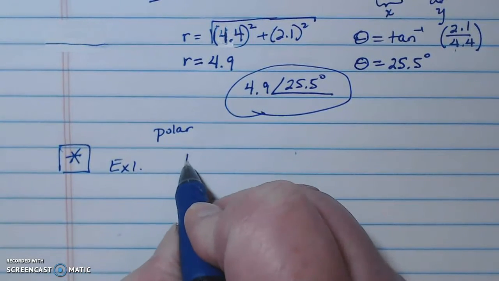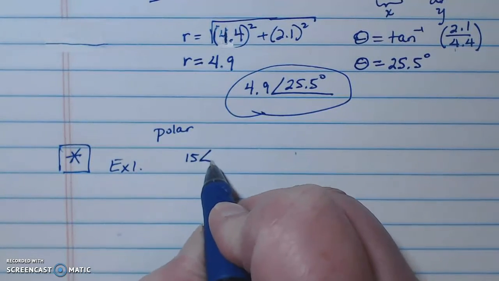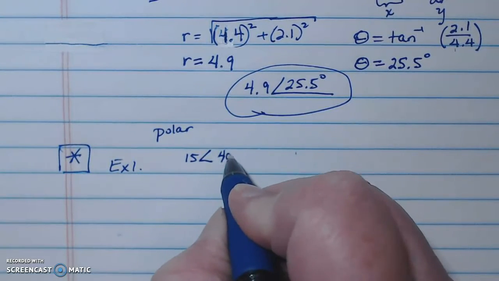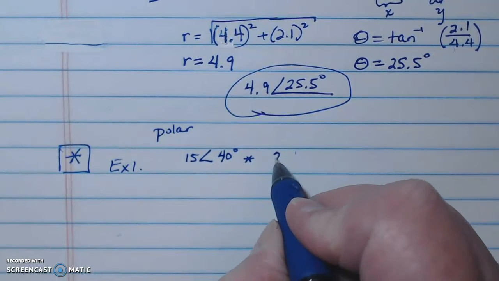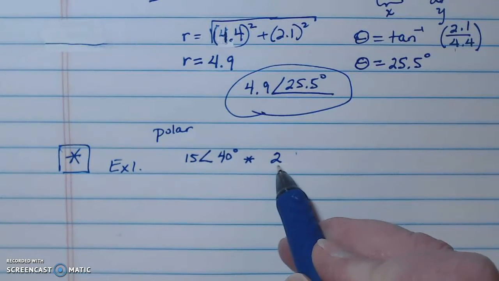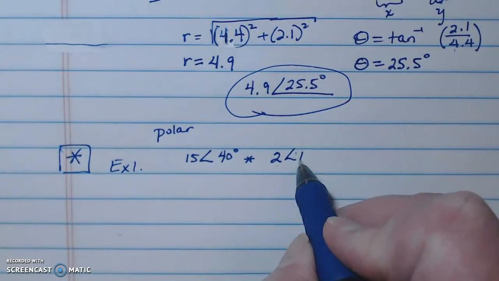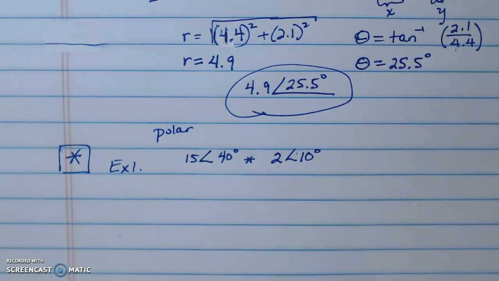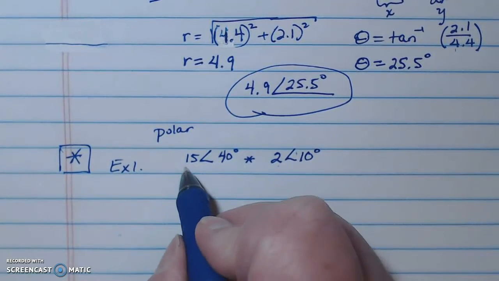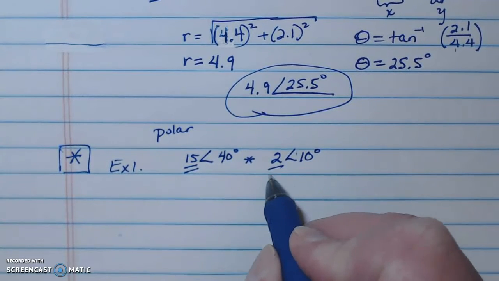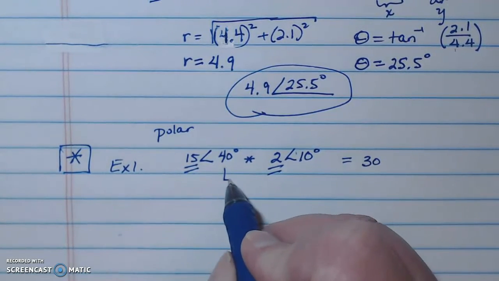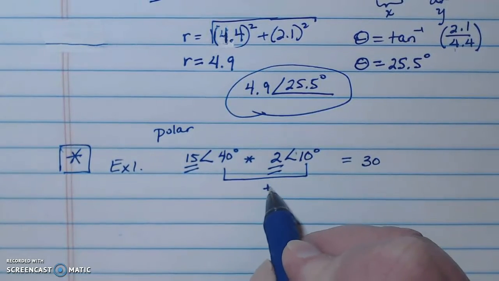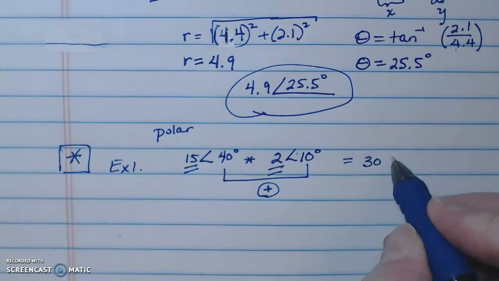If you wanted to take 15 and an angle measure of 40 degrees and multiply it by another complex number that has length of 2 and angle measure of 10 degrees, you get to multiply the magnitudes and add the angle measures.